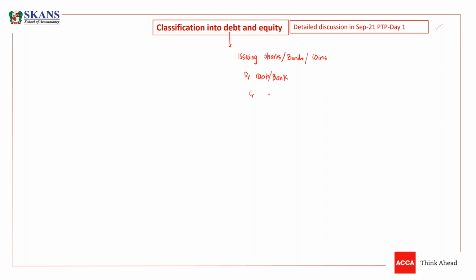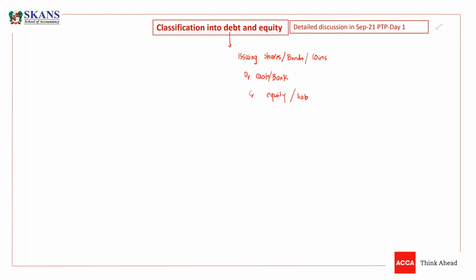The credit entry could be equity if the amount is from owners. It could be a liability. And the last thing, it could be revenue as well. So whenever we have some inflow, we need to classify the cash received into equity or liability or revenue.